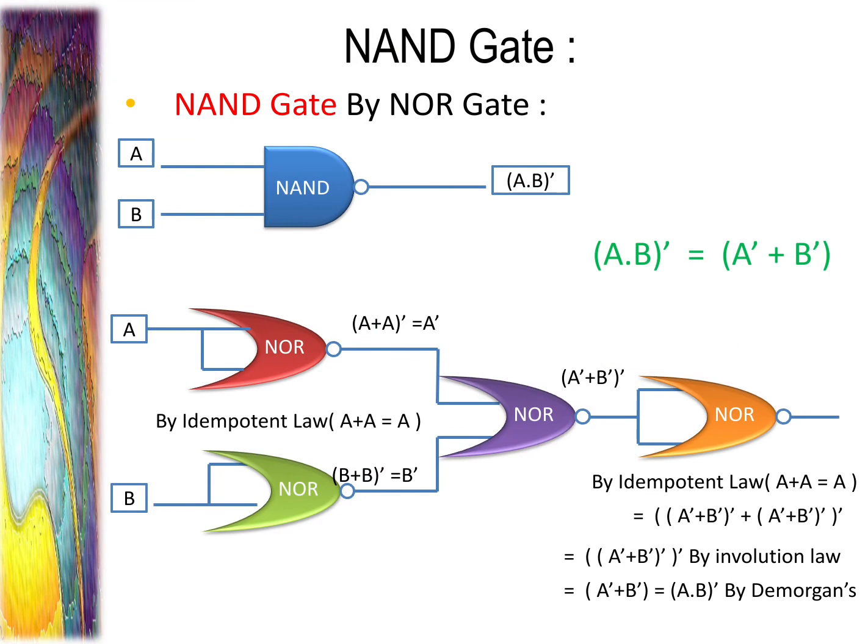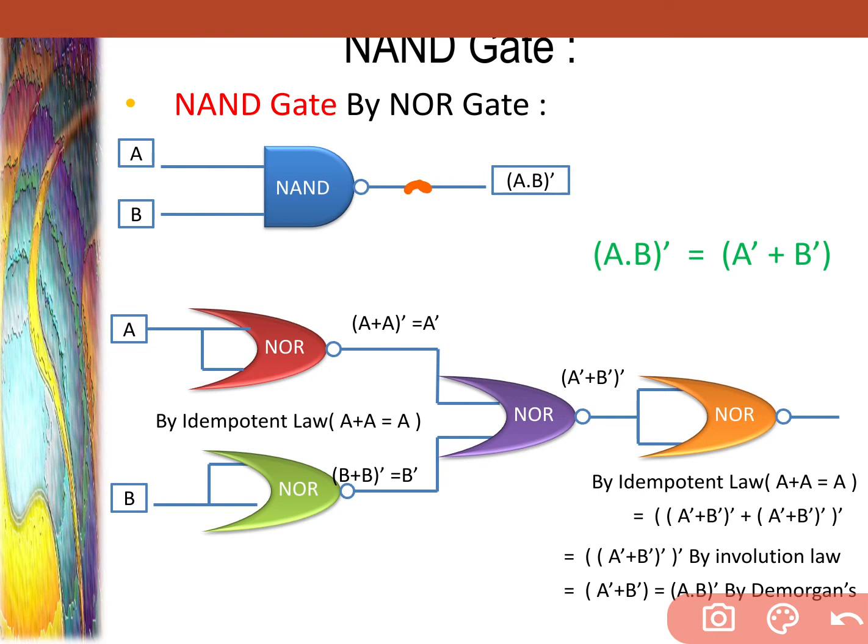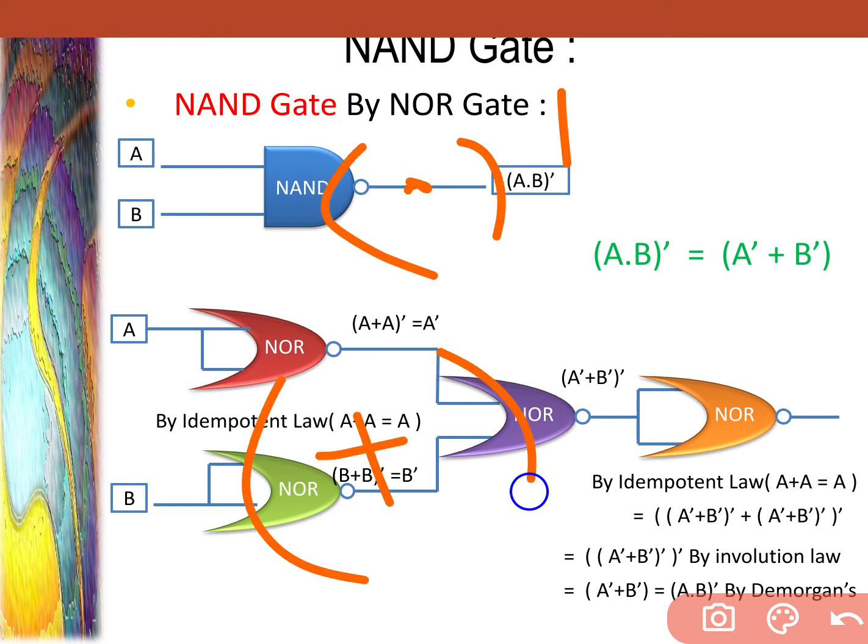And NAND. If we want to create NAND by a universal gate, then we are having NOR for creating it. For creating NAND by NOR, what do we have to do? Both are having different things. One is having dot with dash, another one is having plus with dash.